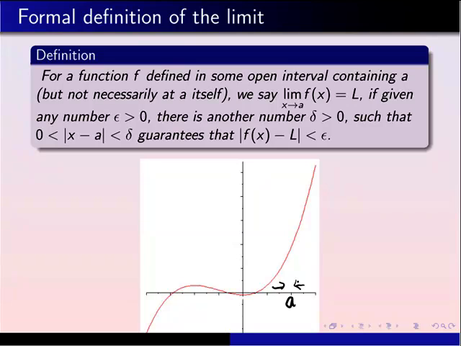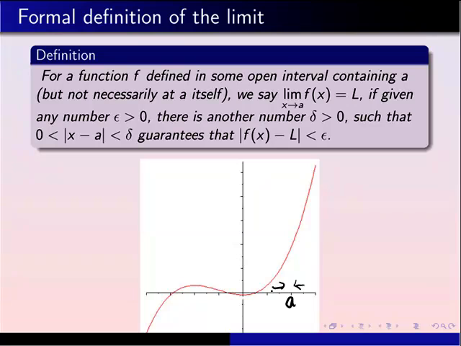Now in both cases we want that if we are close enough to this number and if the limit exists, then the value of your function is going to approach a certain value on the y-axis. We didn't define what we mean by close enough. In this formal definition we give a notation for this closeness, which is the symbol delta.